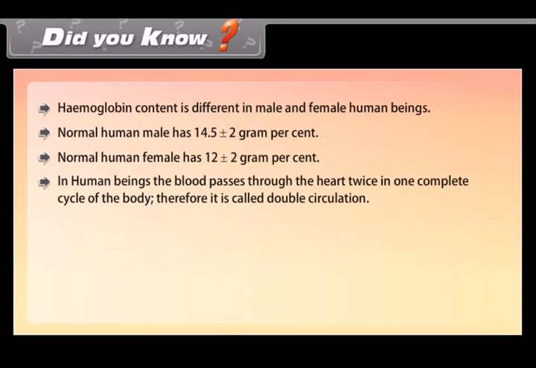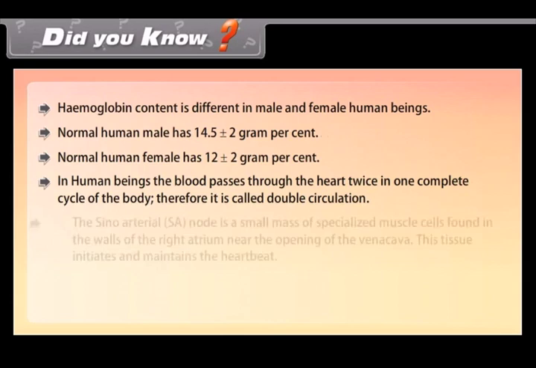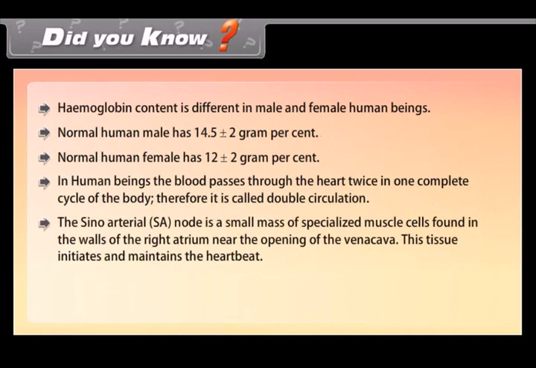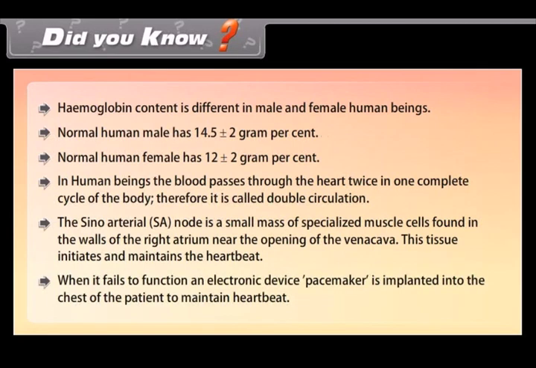Therefore, it is called double circulation. The sinoatrial SA node is a small mass of specialized muscle cells found in the walls of the right atrium near the opening of the vena cava. This tissue initiates and maintains the heartbeat. When it fails to function, an electronic device, pacemaker, is implanted into the chest of the patient to maintain heartbeat.